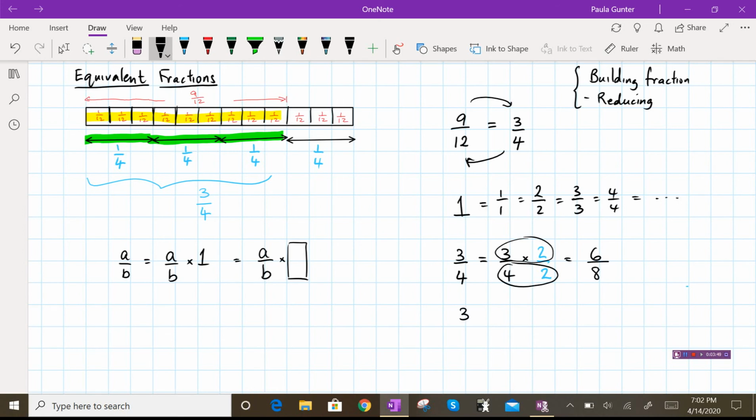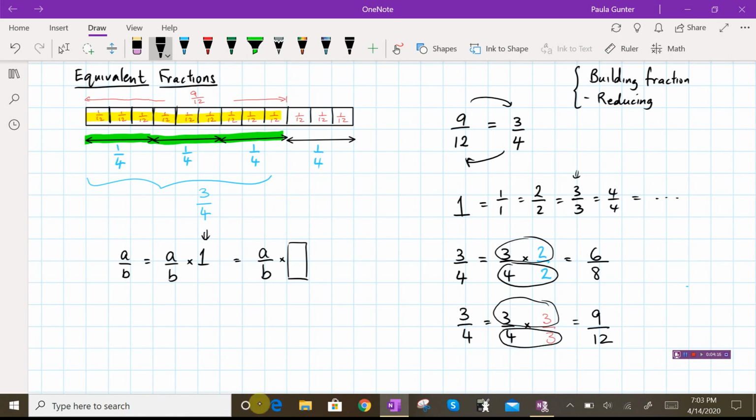Let's go again. I could write it as 3/4, and I multiply this time using my 1 in a different form. Let's do 3 over 3. No problem with that. The same idea continues. So we know how to multiply our fractions. 3 times 3 is 9. 4 times 3 is 12.